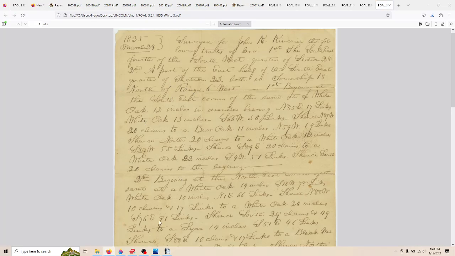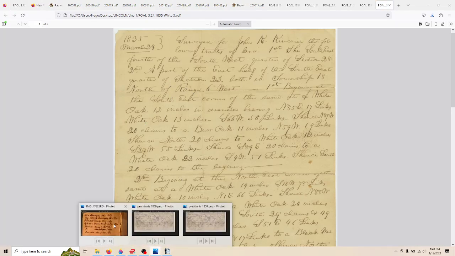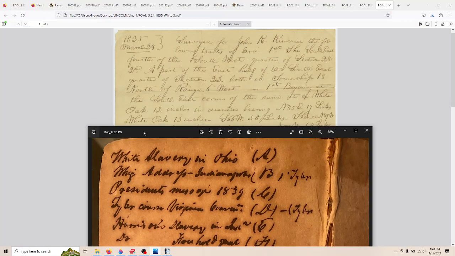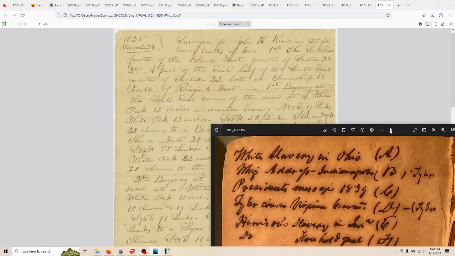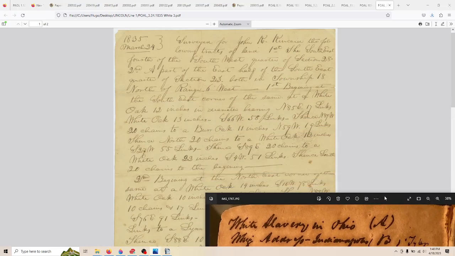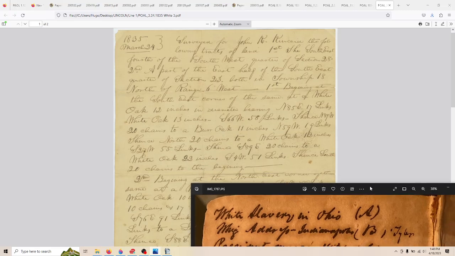Right here. Where we see the word white. In different parts.